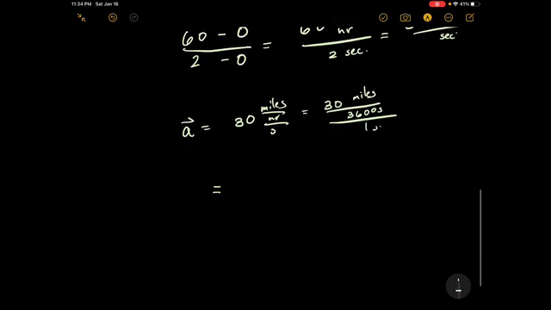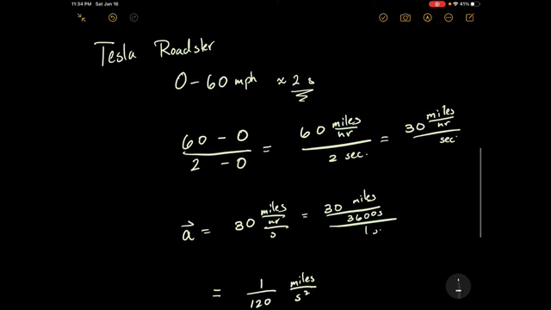Dividing both of these together, you now get 1 over 120 miles per second squared. In other words, this person is going 1/120th miles per second faster over every second. And that's pretty much all that's happening here.